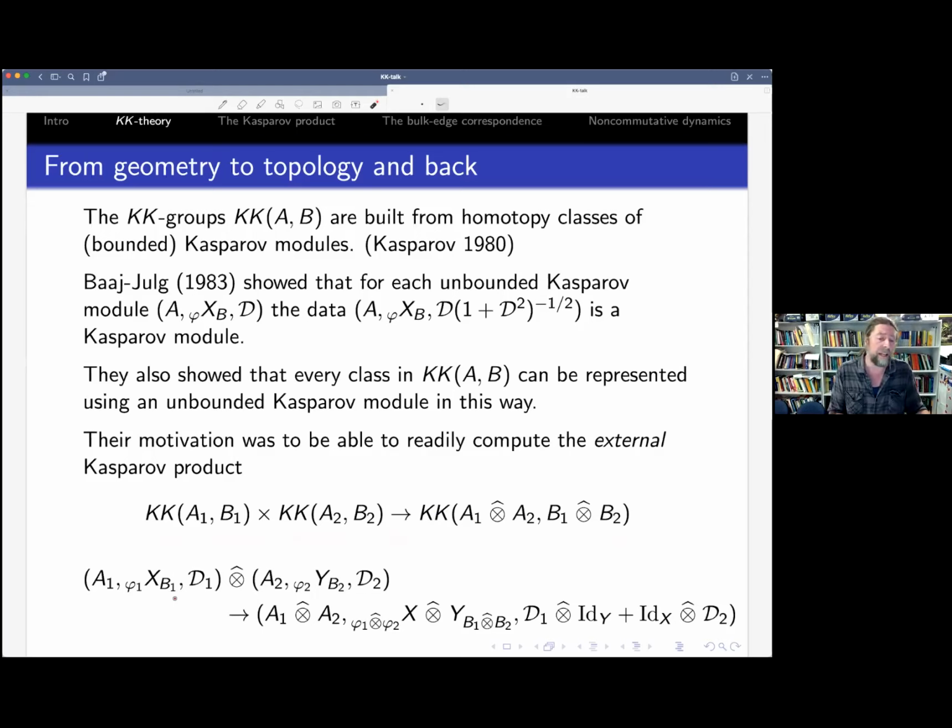But the main thing is you can capture this immediately using the unbounded formalism. If I have a class in here, I represent it with an unbounded guy. Same for the second one. And then a representative for the class over here you get from the external product is this very simple formula. It's tensor products of algebras, tensor products of modules, and then you have this construction for the operator.